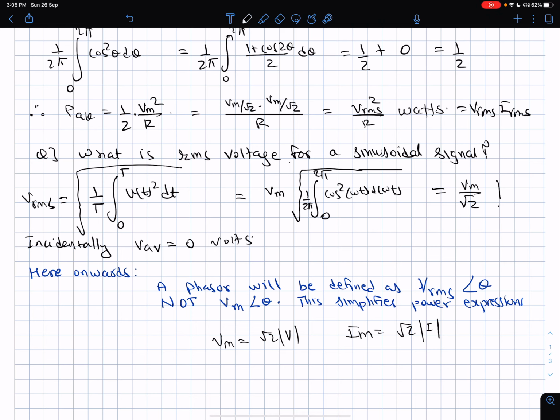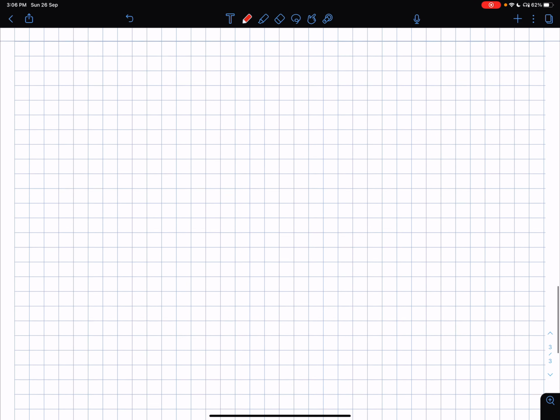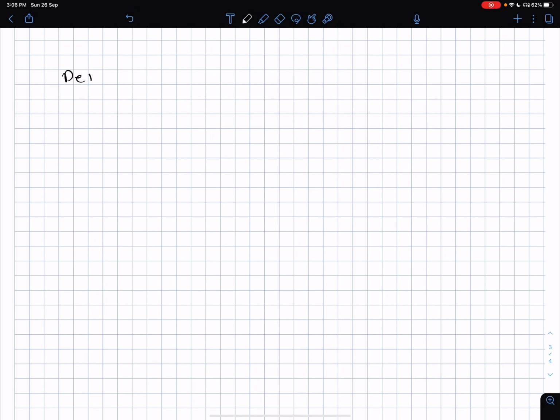So this term, the mod of V times I, is also called S, the apparent power. This is of course the average power, which is a real power, no doubt, the average power. And so we define power factor, which is actually cos of phi.